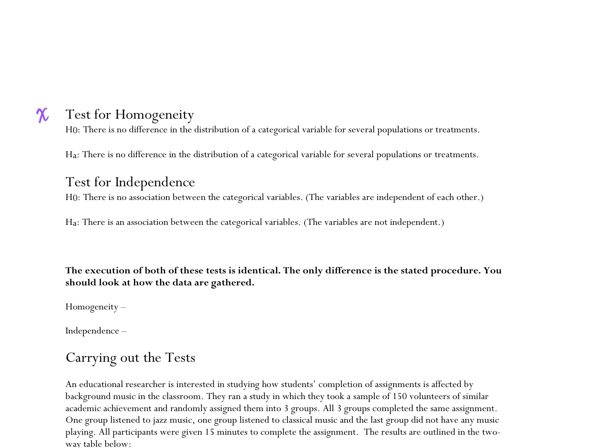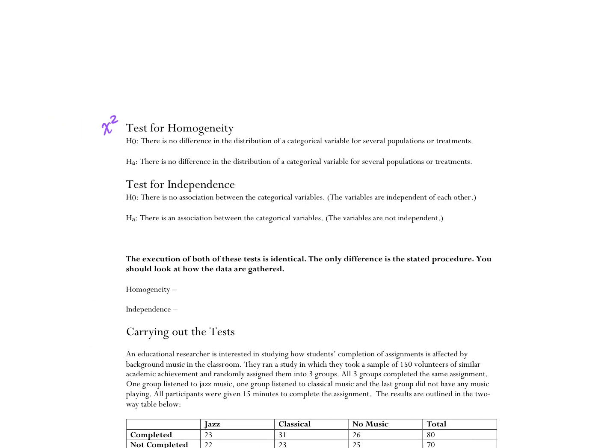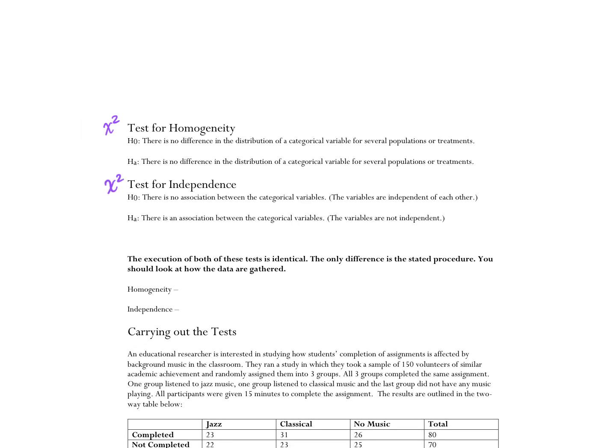Now, we have 2 different names for the procedure we're going to do, a chi-square test for homogeneity or a chi-square test for independence. Both of them are done the exact same way. The calculations are identical. Okay, they just have 2 different names. I'd like to say there's a good reason for the 2 different names, but I don't believe that there is. But on the flip side, you have to know it.